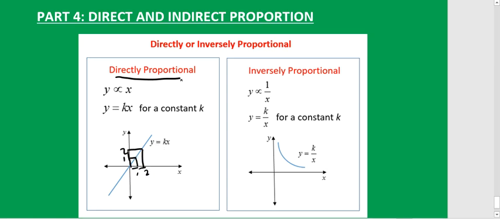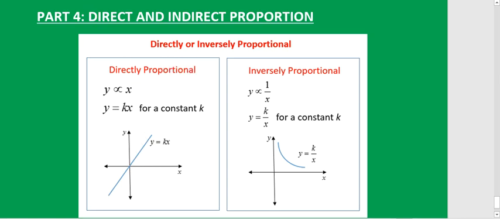So direct proportional means that if one variable increases, the other variable will also increase. And we know that this is direct because the graph is going up, it's increasing. If the graph is increasing, then you have direct proportional.